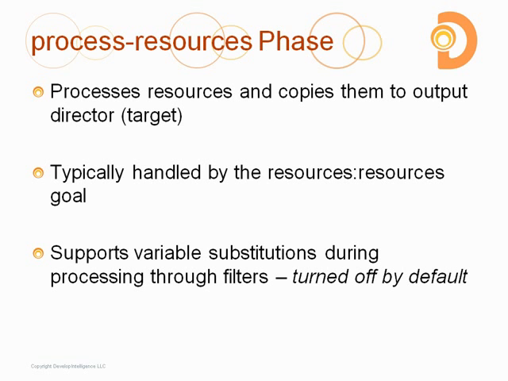So, for example, if I want to have a log4j.properties file configured as part of the build process, and I want it configured one way for my local test development, one way for my remote test development, and one way for production, I could use this process resources phase to do the appropriate resource filtering and inclusion of a log4j configuration.